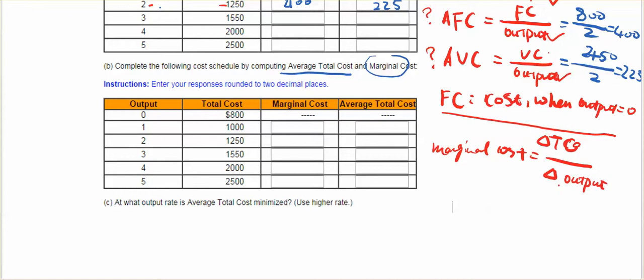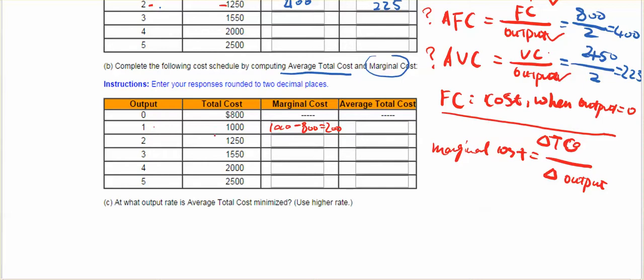Which means, given a certain output, if we increase one more output, what will be the change in total cost? Let's look at the first blank. When the output is 0, the total cost is 800. When the output increases to 1, the total cost increases to 1000. So the change of increasing one more unit is 1000 minus 800, so we got 200. The marginal cost for the first output is 200.